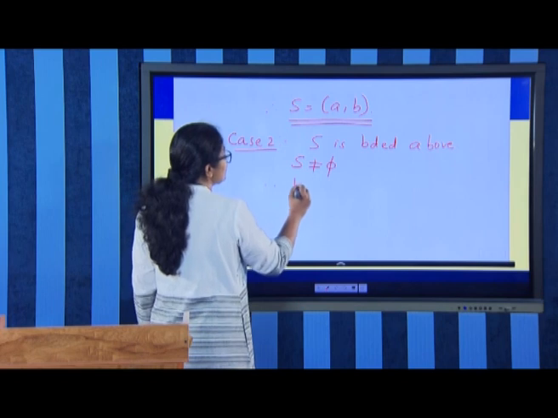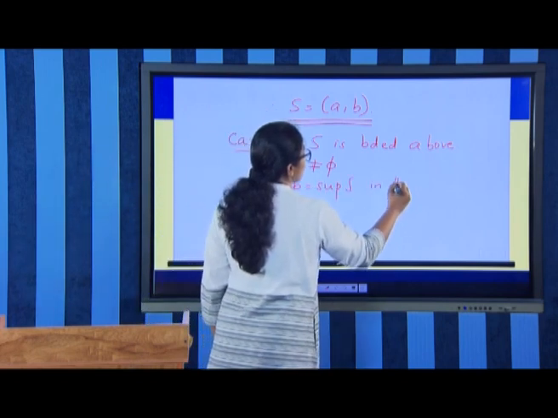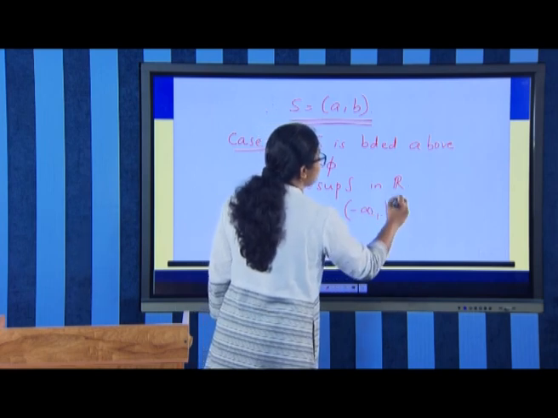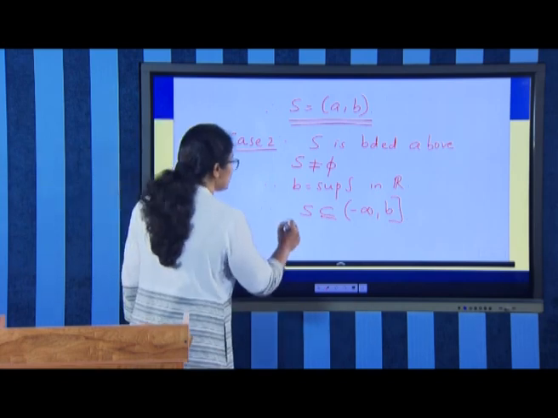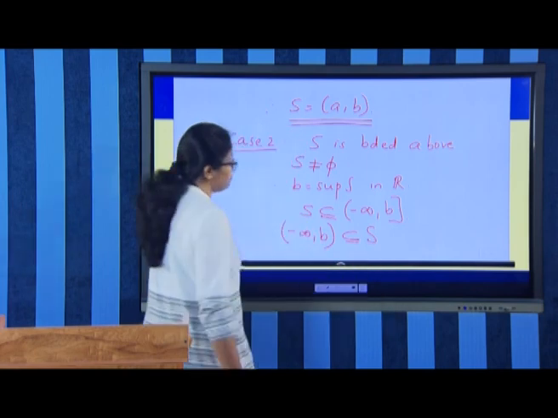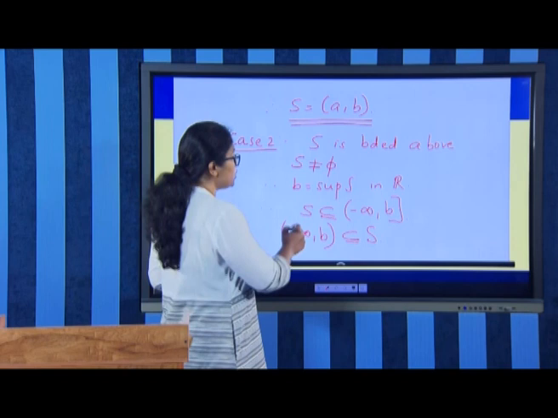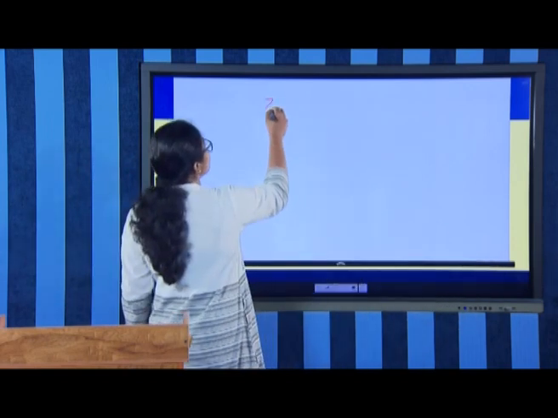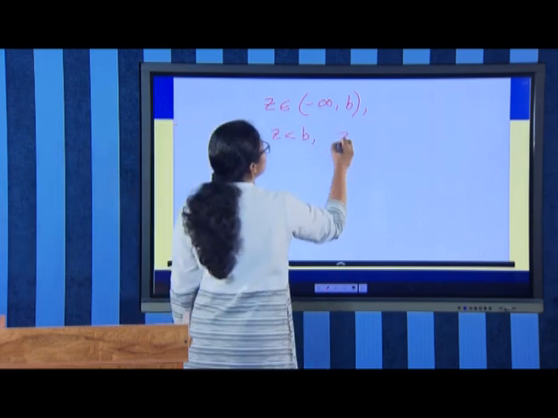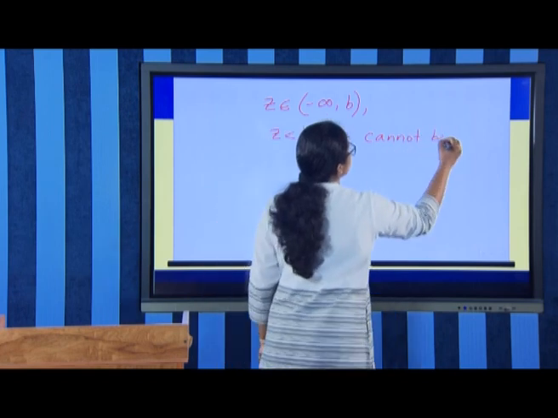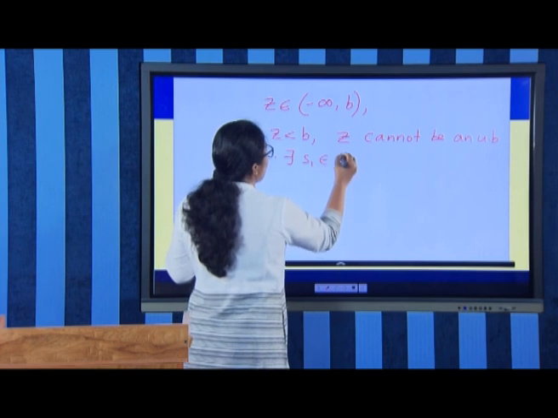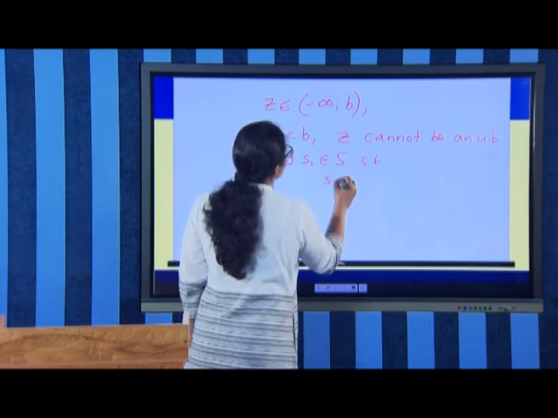So, that ensures S has a supremum in R. Therefore, S is contained fully inside minus infinity up to B. Now, similar arguments can be applied to show that negative infinity B is contained inside S as well, because if we take a Z element of negative infinity up to B, then since Z is less than B, Z cannot be an upper bound, because the least upper bound is B.